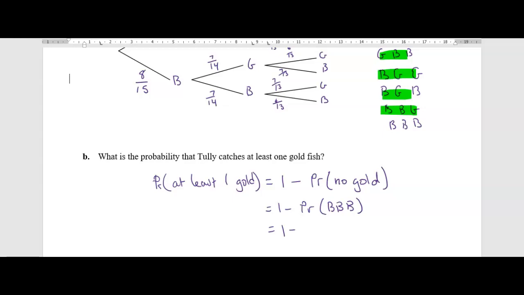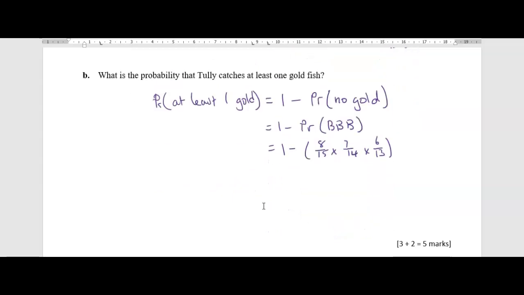Okay, so now all we have to do is just do the probability of BBB. So we follow the branches. So it's going to be 8 over 15, and we multiply them, 7 over 14, and then 6 over 13. Now, when you're multiplying fractions, don't go ahead and multiply all your numerators and then your denominators. You need to do some sort of cancelling first. So I'm going to do it on the side here just to show you. So effectively, all your numerators are multiplied together and all your denominators are multiplied together.